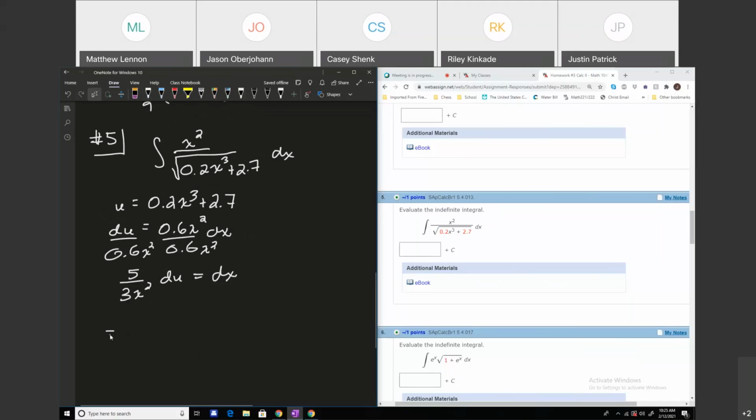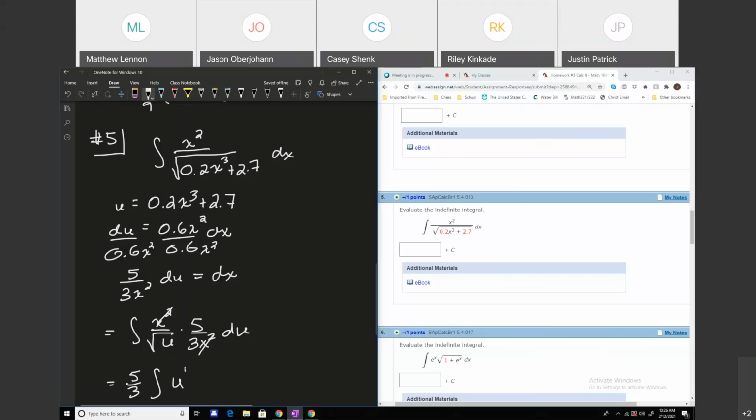So our integral becomes the integral of x squared over the square root of u times 5 over 3x squared du. So the x squareds drop out. I'll write my 5/3 in front. And then remember, u here is going to be u to the negative 1/2 when we write that using exponent notation.